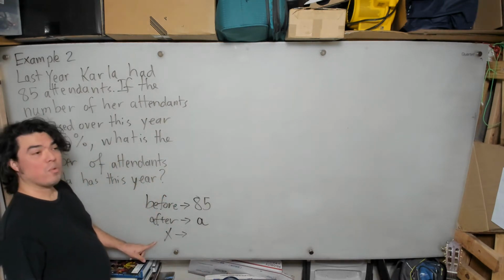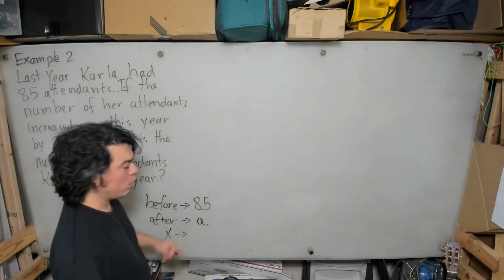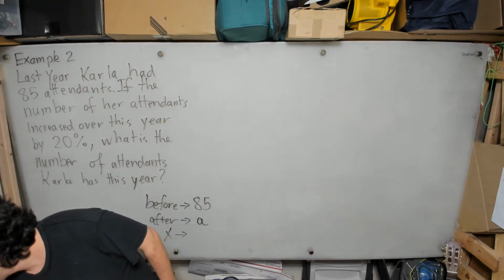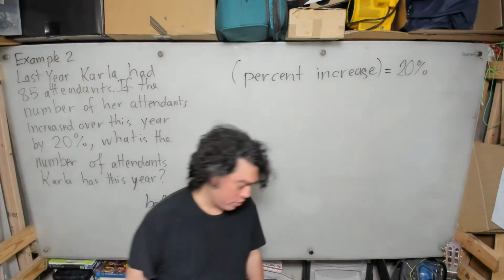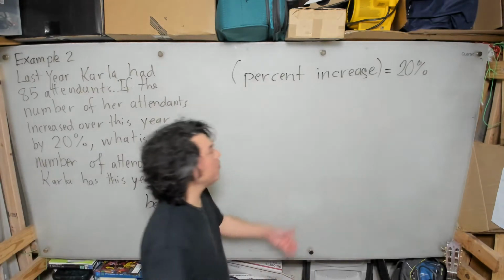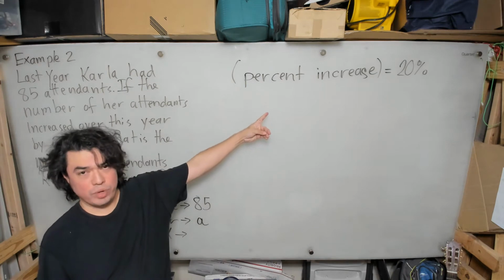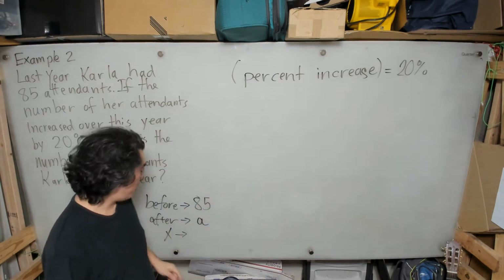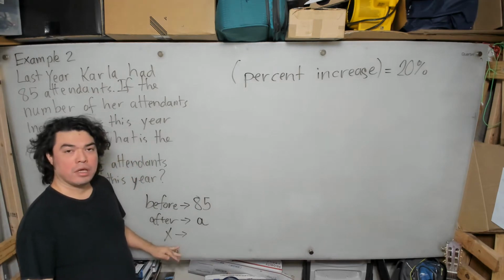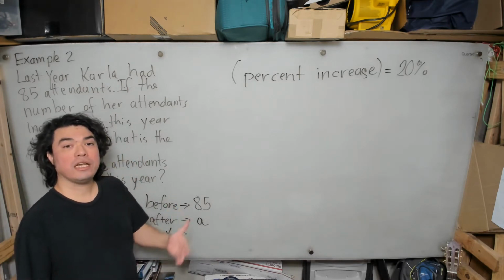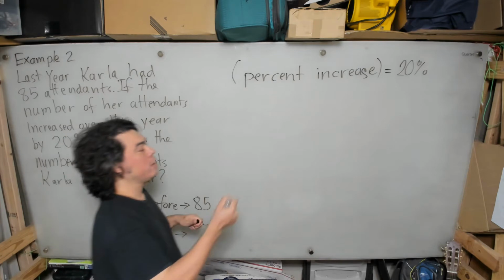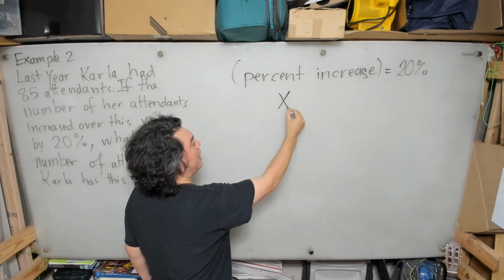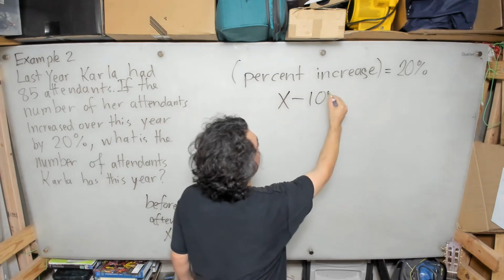But now we're going to talk about what x is. What did they tell us? So what they tell us in the problem is the percent increase is 20%. And we recall that in the interpretation of the value of x, in the case of a percent increase, the x is greater than 100, and the percent increase is x minus 100, right?